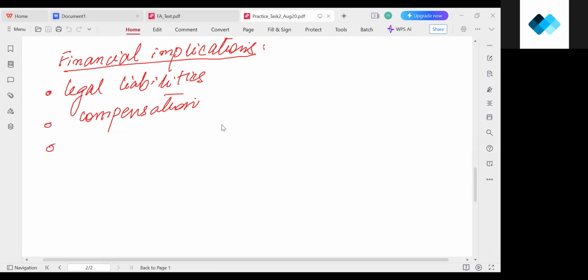And then the company would definitely need to take some security measures if this type of incident comes to the surface. So the company might be doing that, and that could be an expense.